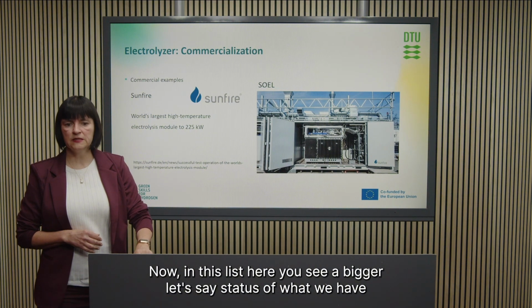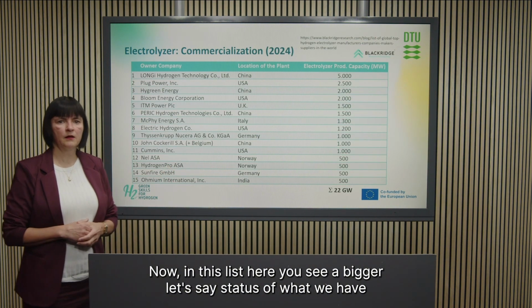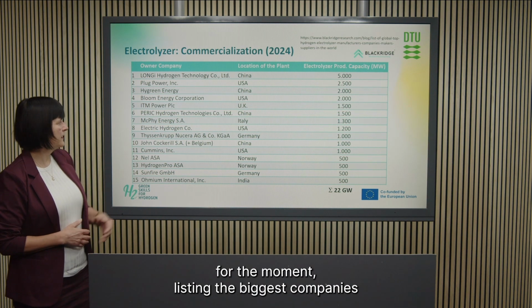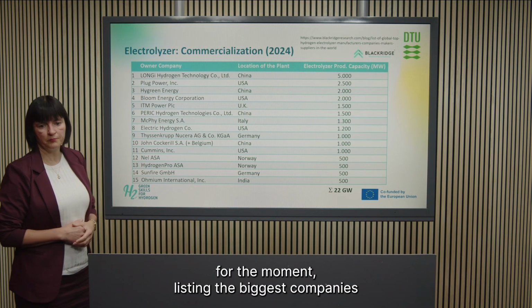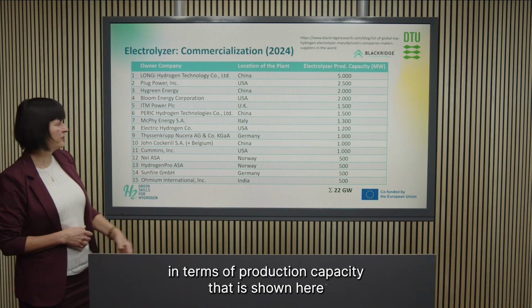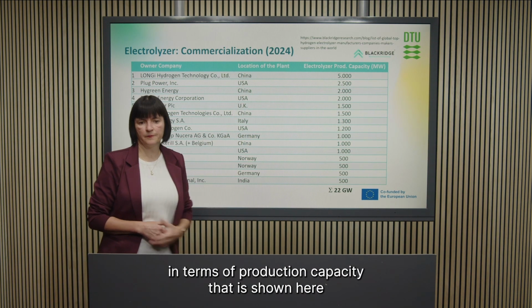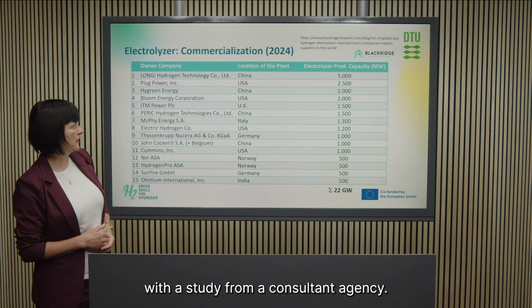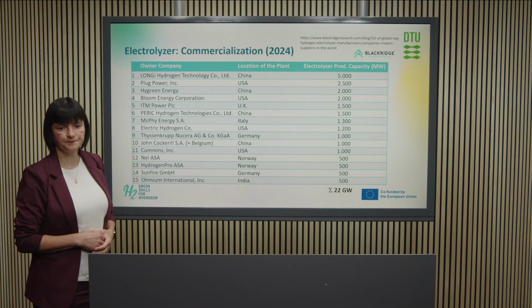Now, in this list here, you see a bigger picture of the status of what we have for the moment, listing the biggest companies in terms of production capacity. That is shown here with a study from a consultant agency.